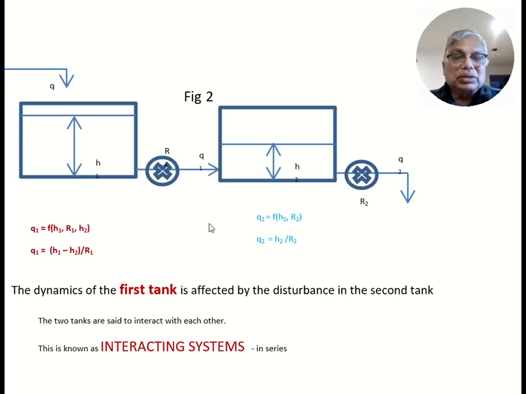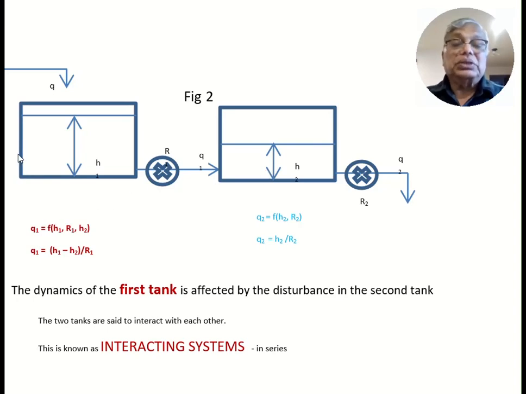Moreover, these tanks are only an example we have taken to illustrate interacting and non-interacting systems. The general definition is what I have discussed just now. Two systems are said to be interacting if the dynamics of the first system is affected by any disturbance in the second system.